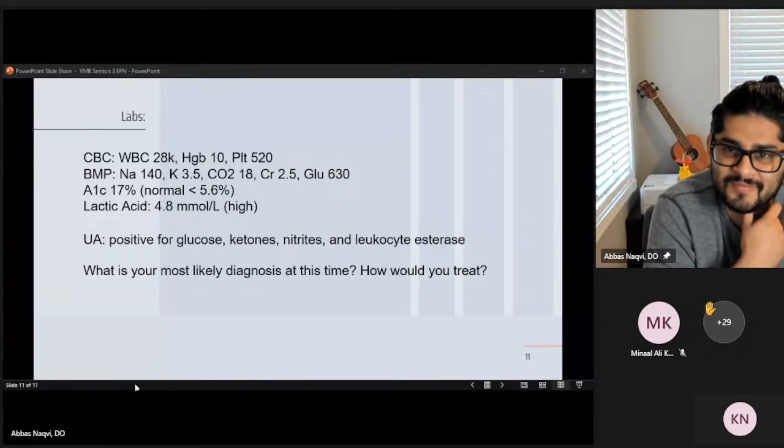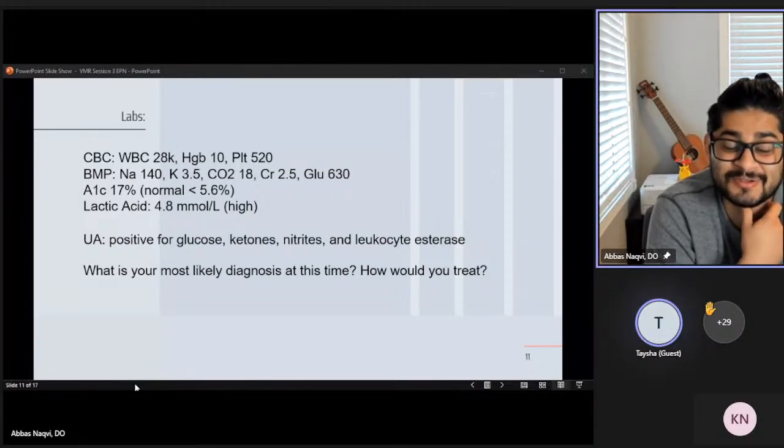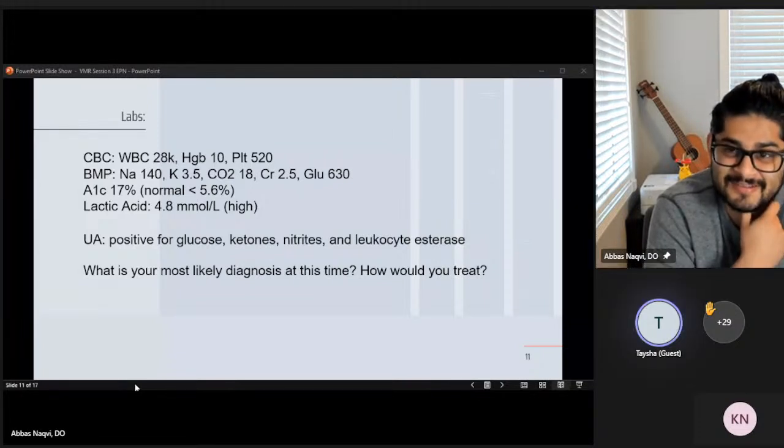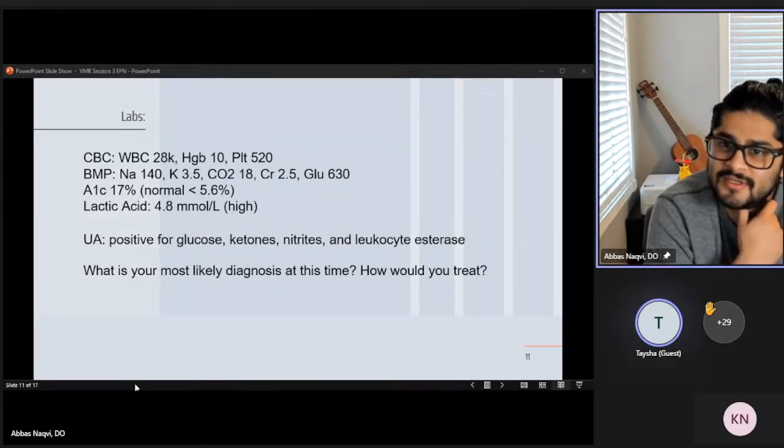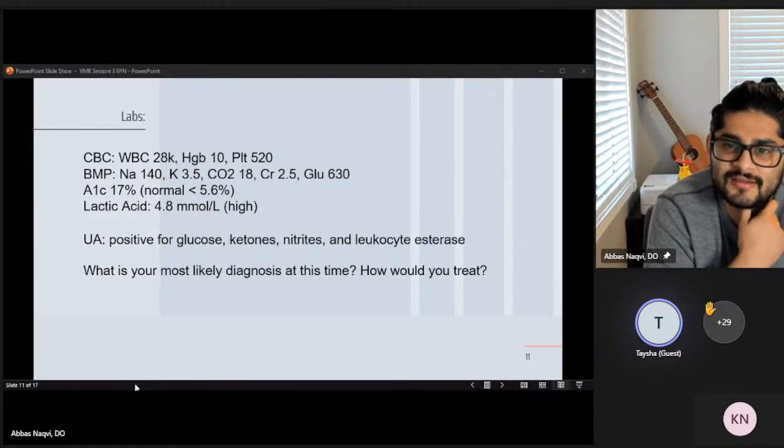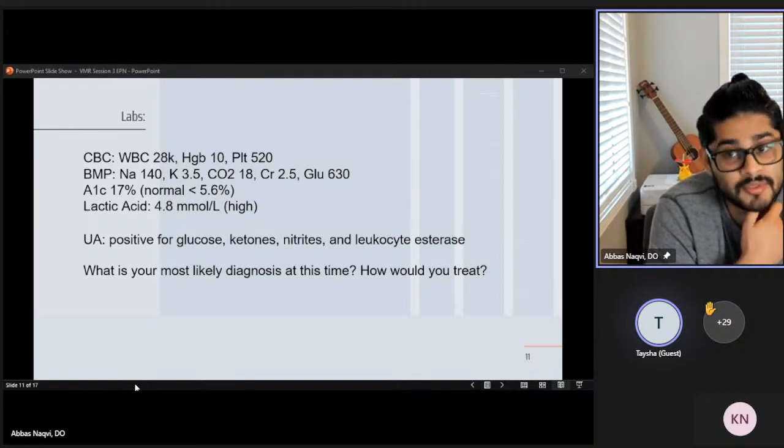Isn't the glucose really high? Yeah, the glucose is super high. And isn't the sodium high as well? The sodium's normal. Okay, so the glucose looks really high, and the urine analysis is also positive for glucose, which makes me lean more toward the pancreas suggestions we were talking about earlier. Yeah, potentially, right?